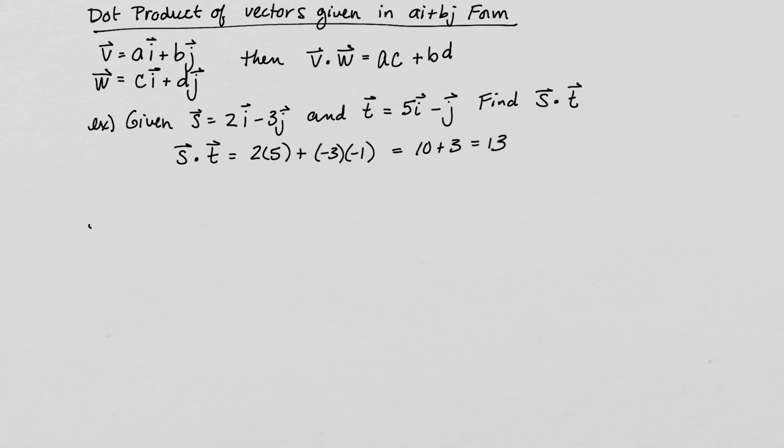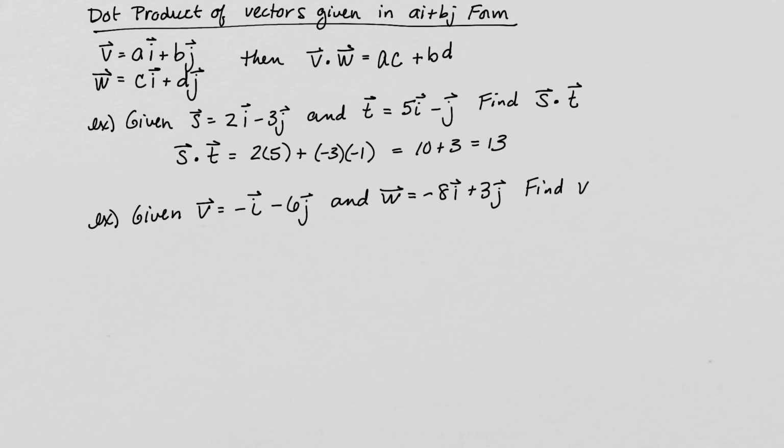So we'll try another one here. Given vector v equals negative vector i minus 6 vector j, and vector w being equal to negative 8 vector i plus 3 vector j, we want to find v dot w.